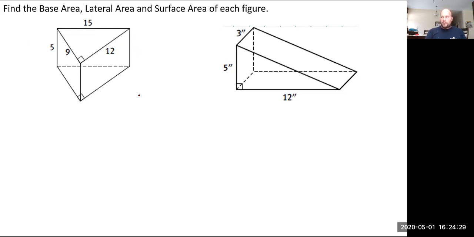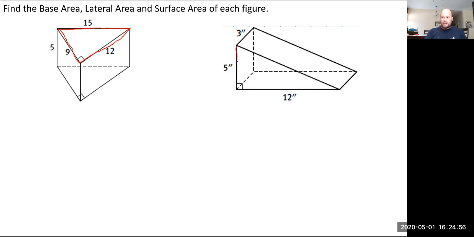So both of these are considered triangular prisms. We have a triangle on top here and on bottom. So again, this is a triangular prism because it is a triangle for the base and all the other sides are rectangles. This one too, we have two triangles that are in parallel planes and are congruent.